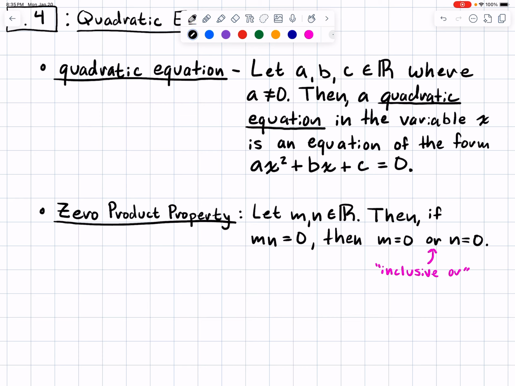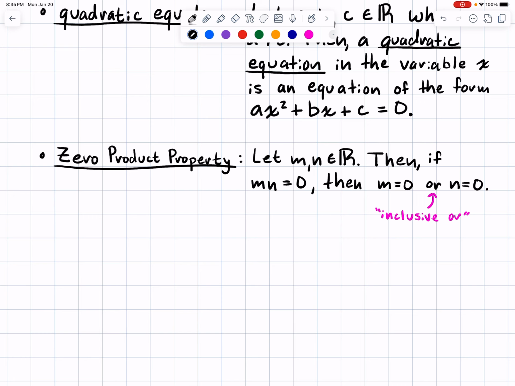So next, we have a couple of examples to test out our zero product property. So let's try them out. Solve the following equations for x.